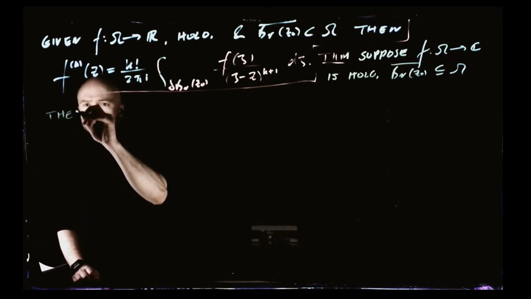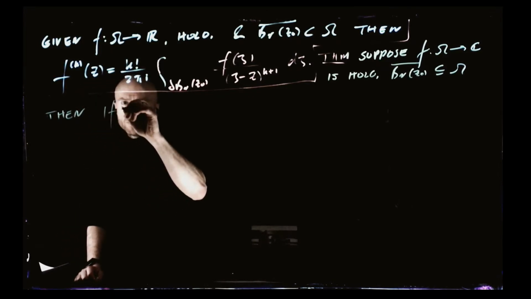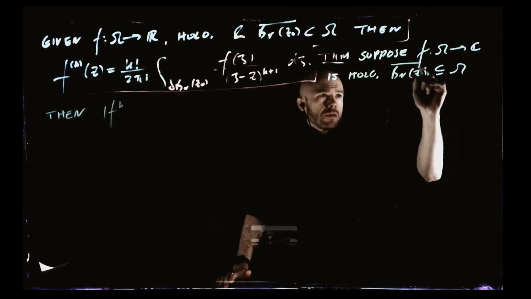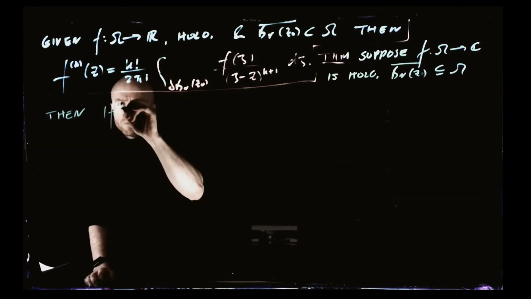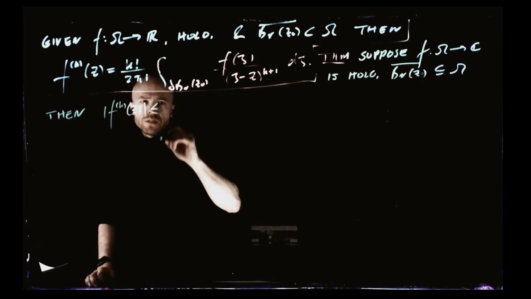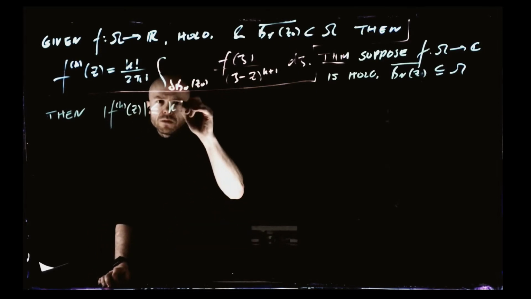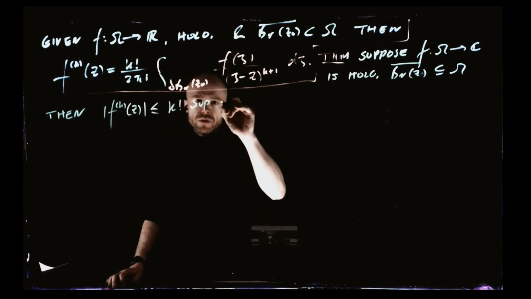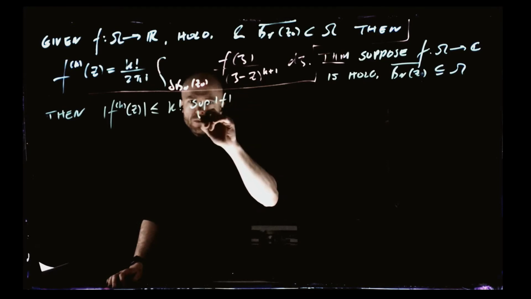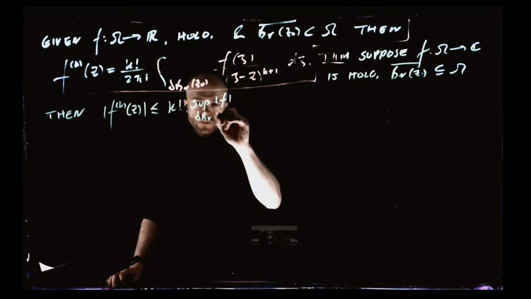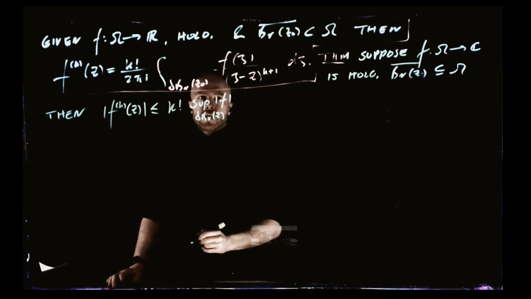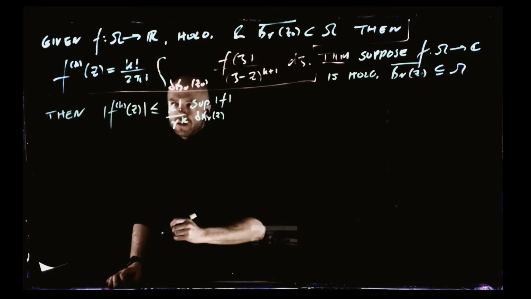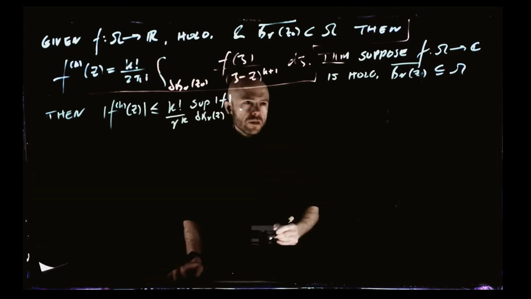Then if we take the absolute value of the kth derivative, actually let's make it around z this time, it is going to be less than k factorial, the supremum of f around the boundary of the ball at z, divided by r to the k, like this.